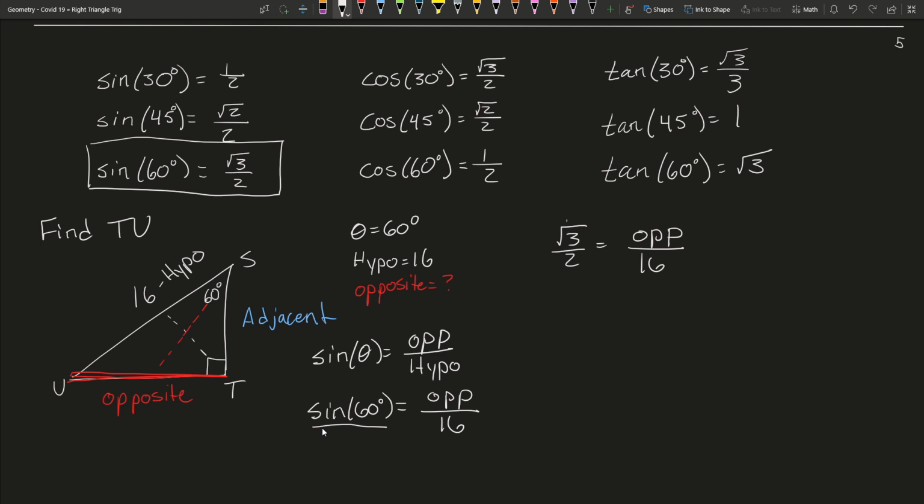In this case, it's easy. We just have to multiply both sides by 16 to get the opposite side by itself. 16 times rad 3 over 2 is just 16 rad 3 divided by 2. And then we can simplify that. 16 divided by 2 is just 8. So it's just 8 rad 3.